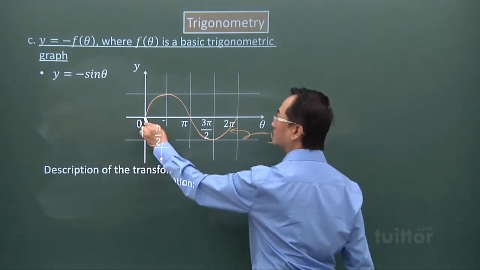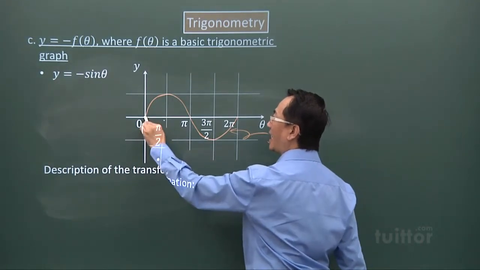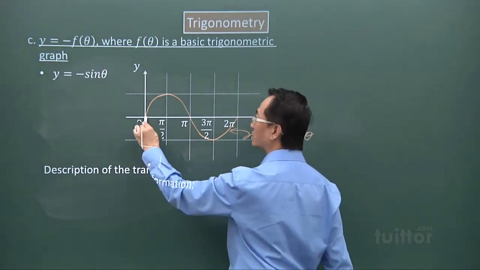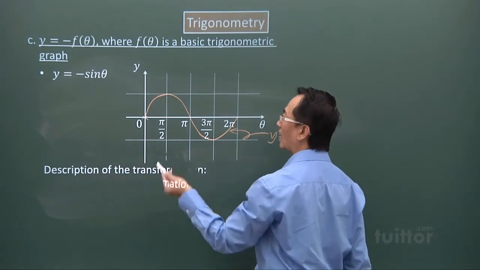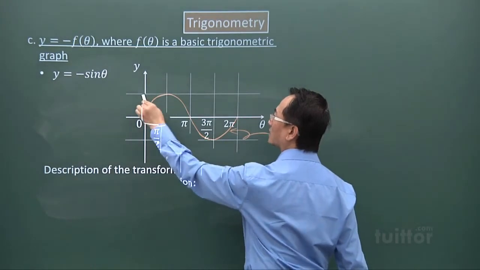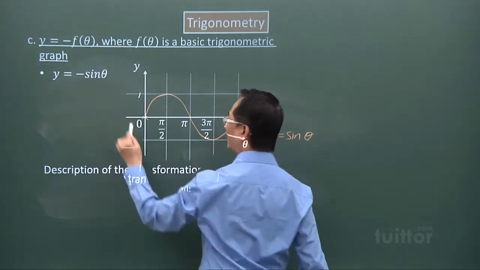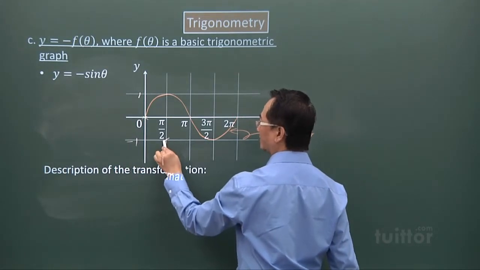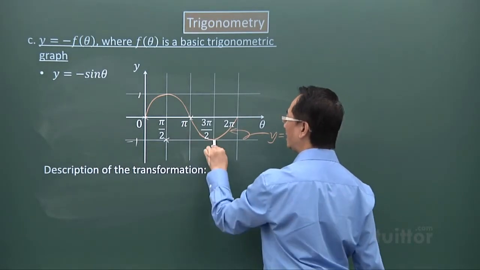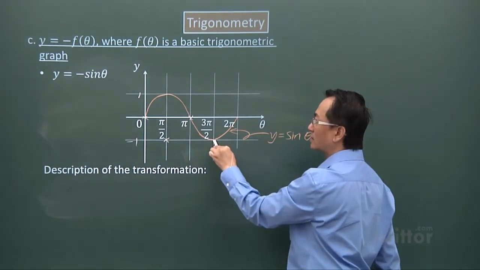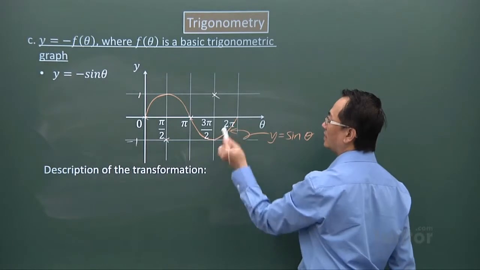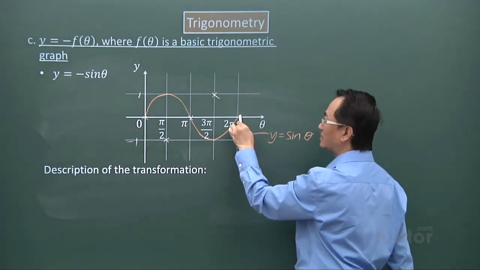That is your y equals sine theta. So at this point, sine 0 is still 0. So negative of 0 still gives me the same thing. But sine pi on 2 is going to give me 1. So 1, but with a negative in front, now I have a point here. Negative 0 is still 0. Here at this point I have a negative 1. So if I have a negative 1, I will have a positive 1. Negative 0 is still 0.